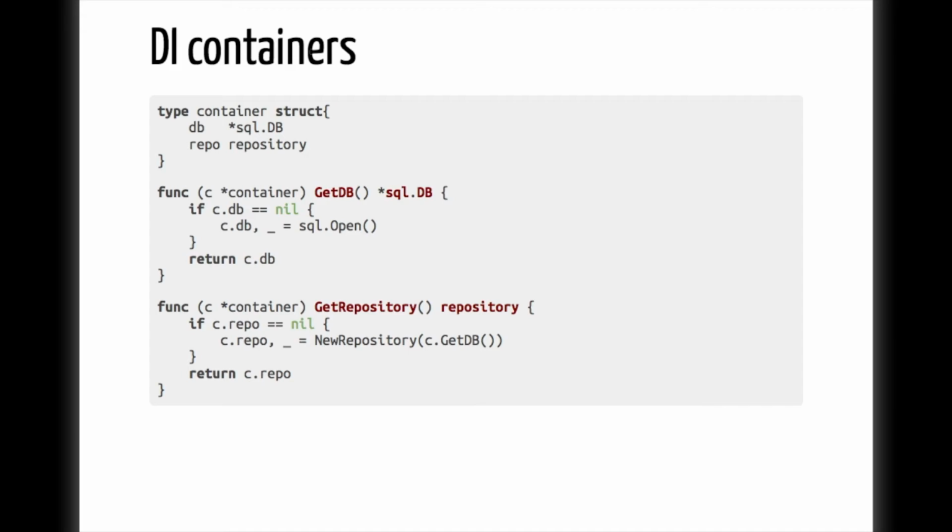But basically, containers are a place from where you can reach and take a dependency that you need in a given situation. This container will be the only one dependency that will be passed to the repositories, services, and so on. And within it, we simply call the container for getDB and use it this way.